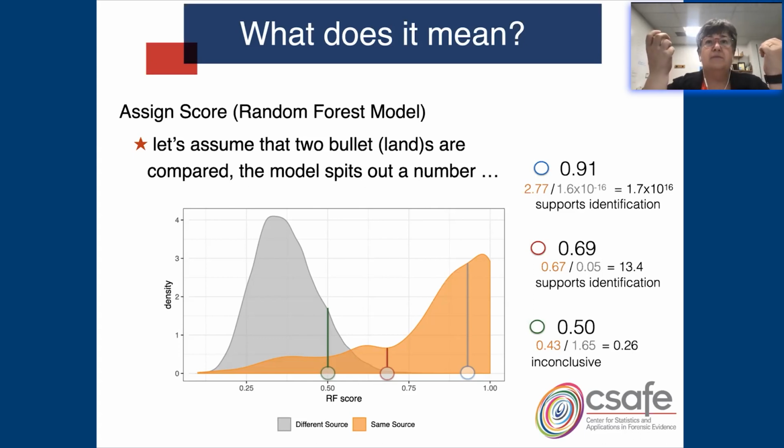So that, together with the fact that we don't completely know how new ammunition and new types of bullets, so just new data, is relating to the random forest scores that we get from training, we don't know yet what we should be using as a random forest cutoff.